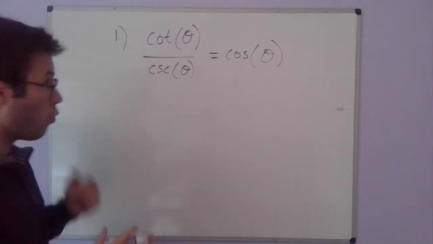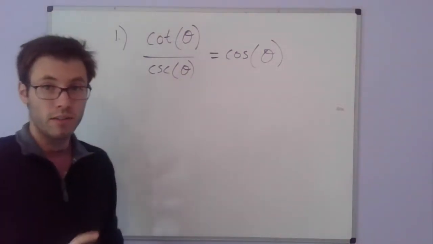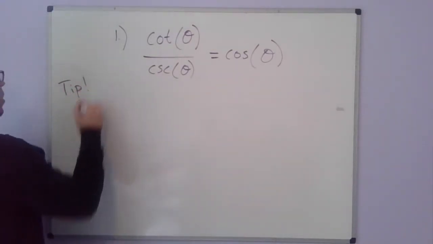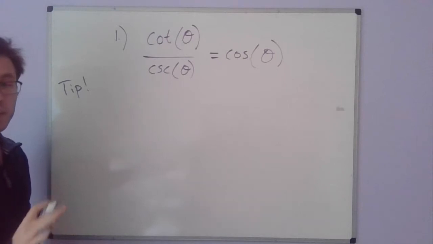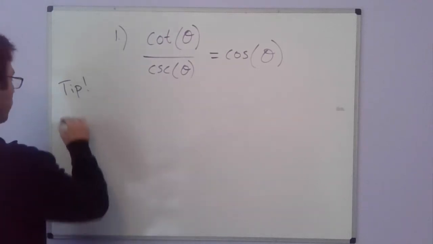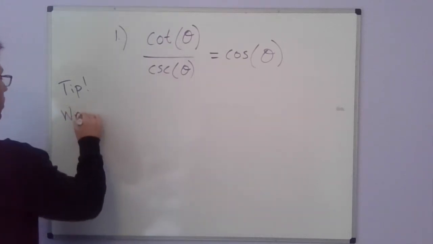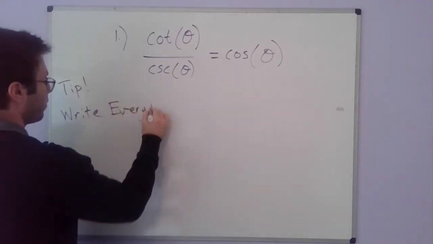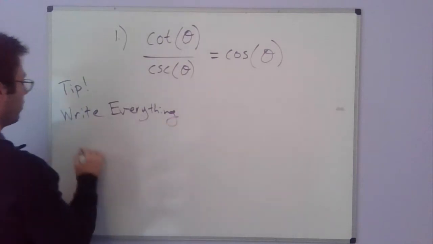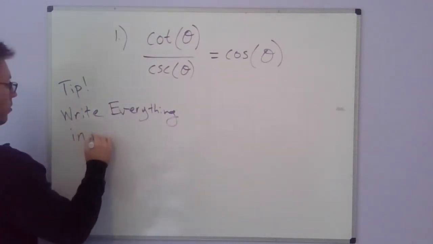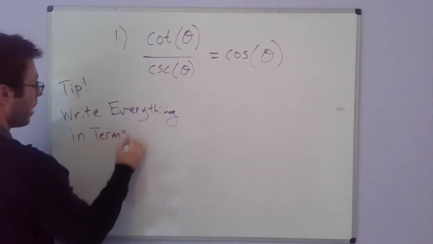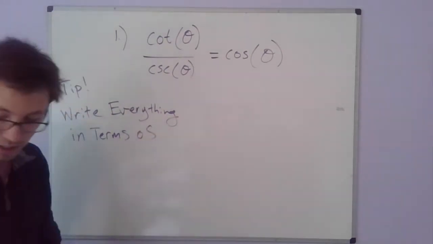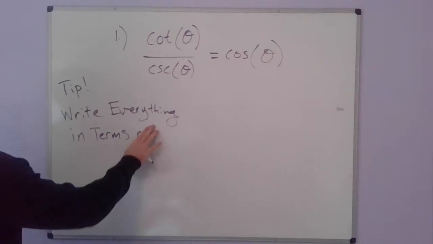Now, whenever I do these, this is a useful tip. You want to write everything in terms of sine and cosine. I would write this down, in terms of sine and cosine. I can't write today.